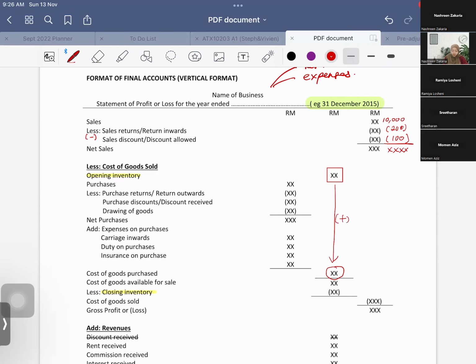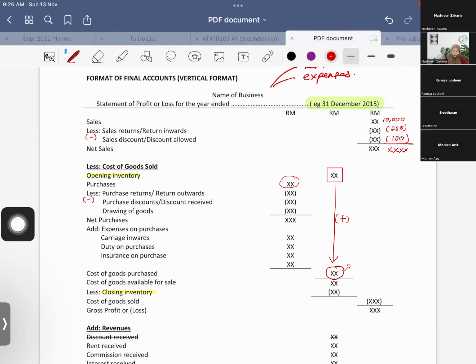How do you get this cost of goods purchased? You also need to find it. How? By taking your purchase value. This is your purchase value. Look, purchase value less or minus your purchase return, discount received and also drawing of goods.